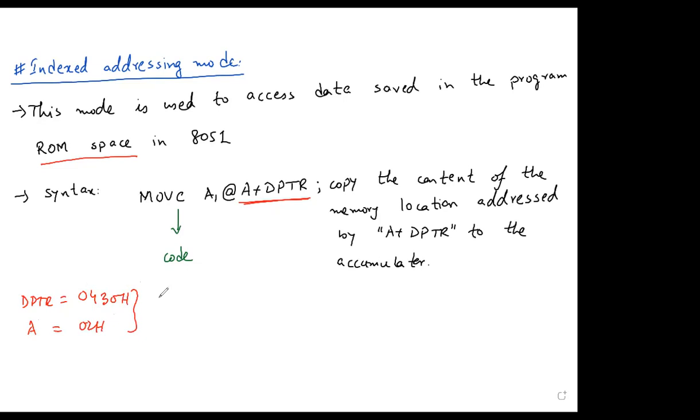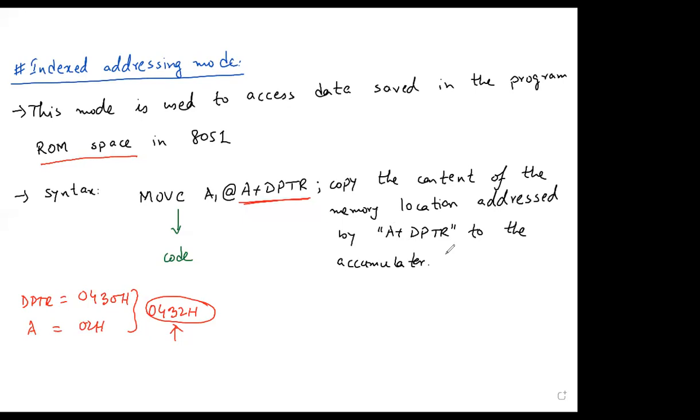Tell me. 432H. Exactly. So your combined address will be 0428H. So whatever is there in this memory location will be transferred to the accumulator. That is exactly what is said in the comment section: copy the content of the memory location addressed by A plus DPTR to the accumulator.